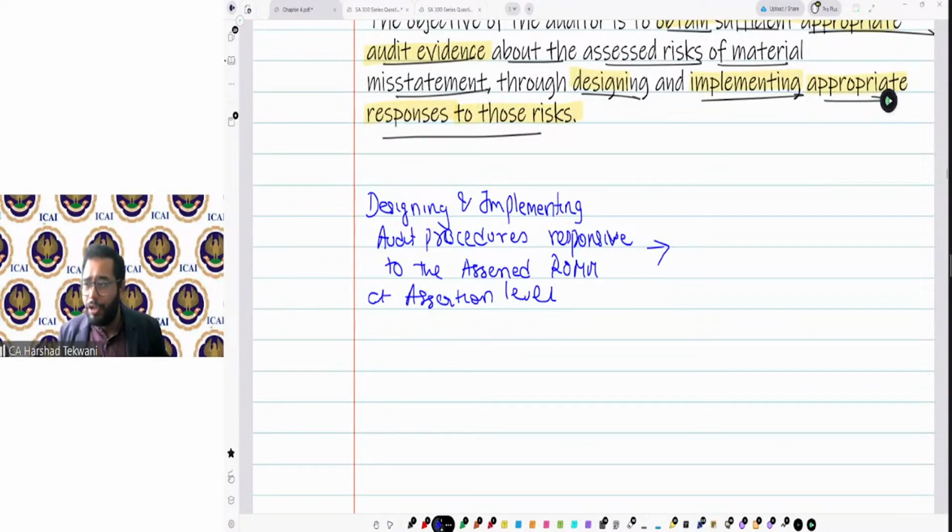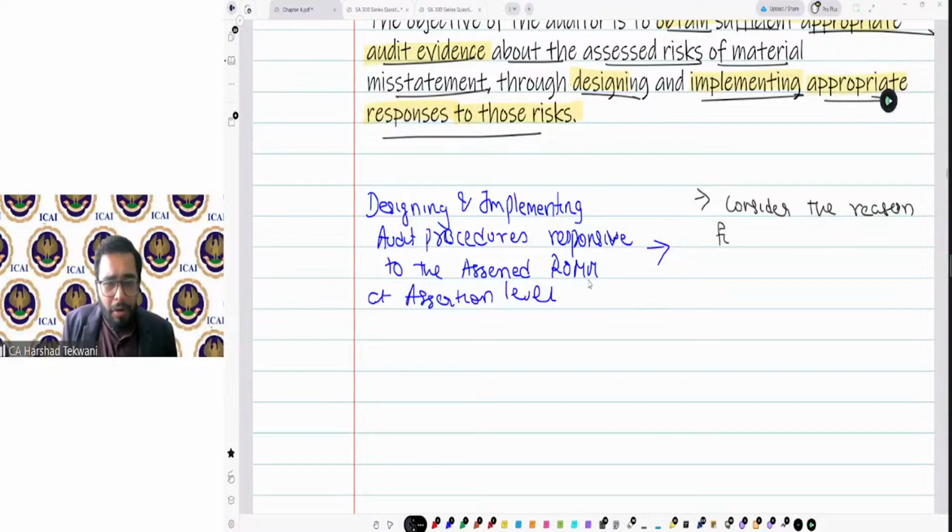In designing the audit procedures, the auditor is required to consider the reason for the assessment given. First of all, he needs to consider the reason for the assessment given to the risk of material misstatement at the assertion level.